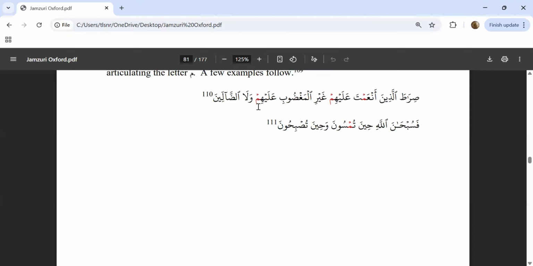So, for example, they would say, alayhim wala. So they've held the meme for too long and they've brought the sound into the nasal cavity.